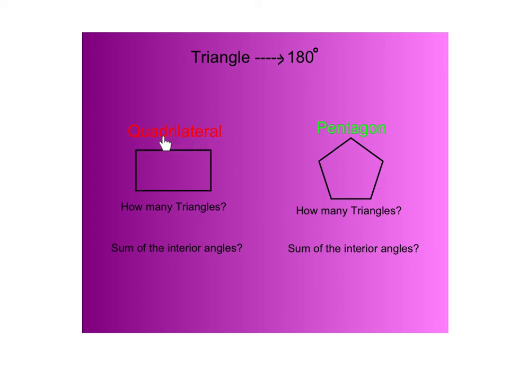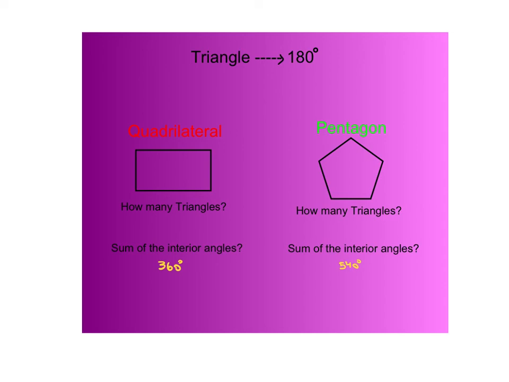So if I were to look at a quadrilateral, some of you may know that the sum of the interior angles of a quadrilateral is equal to 360 degrees, but you may not know why. Likewise, the sum of the interior angles of a pentagon is 540 degrees. So let me help you to understand why it is that this is true.